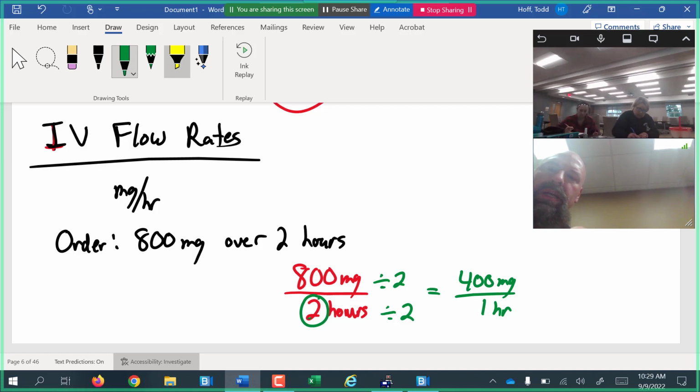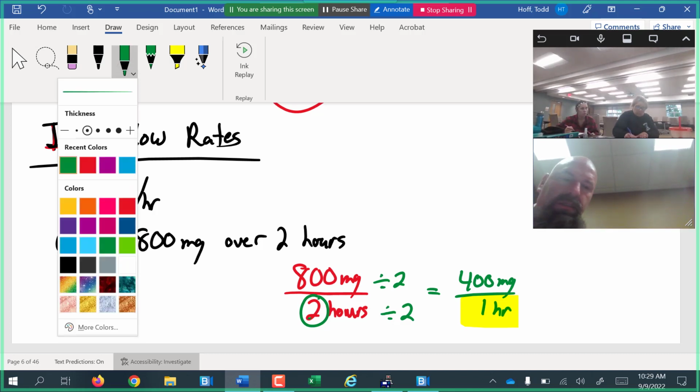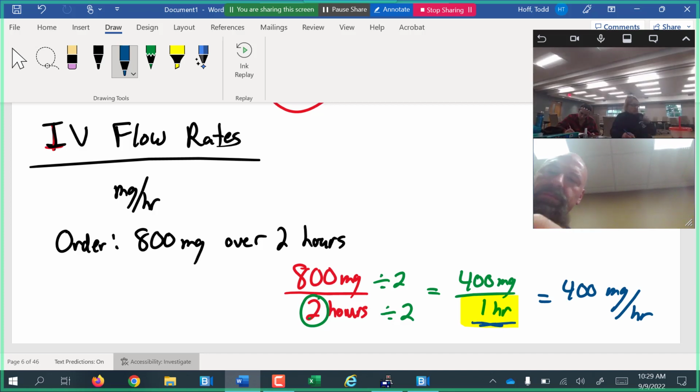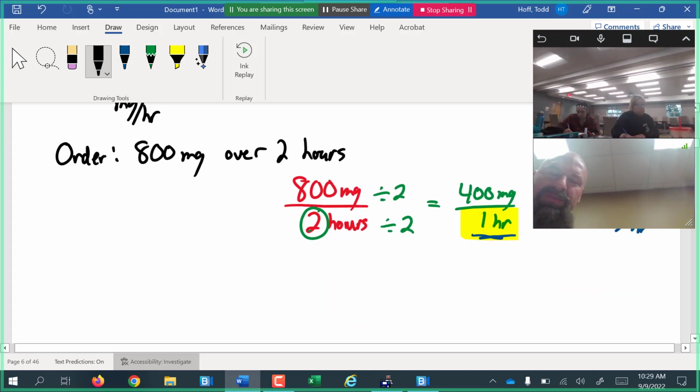And once that bottom number is a single unit, in this case 1 hour, we can then just write it as a unit rate. So here that unit rate would be the 400 milligrams per hour. We can drop the 1 in that bottom number.